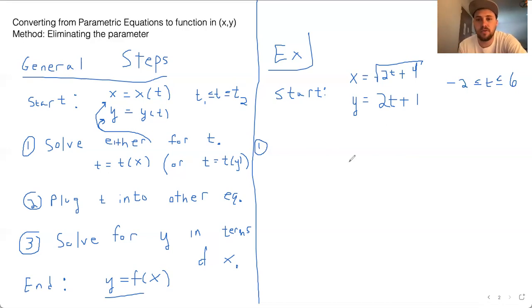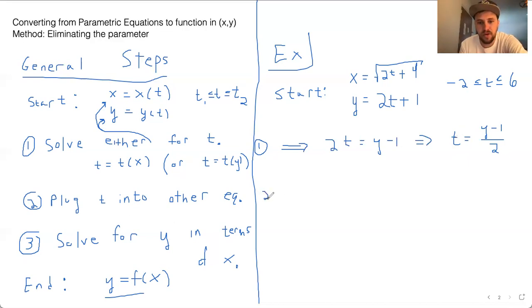Not much easier, they're both pretty simple, but here we can just say, well, if y equals 2t plus 1, then we have 2t equals y minus 1, which gives us t equals y minus 1 all over 2. And that concludes the first step, right? We picked either x of t or y of t, and we solved it for t explicitly in terms of the other variable. And so now we have t equals y minus 1 over 2.